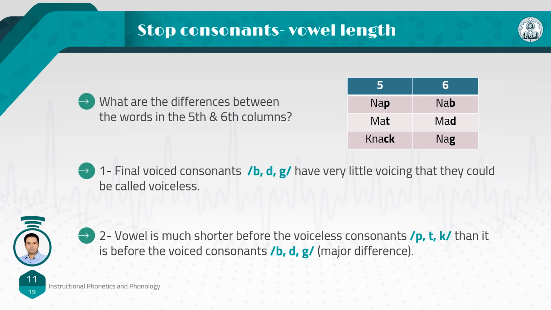I mean the a before p or a before b. Nap, nap. Mat, mat. Knack, knack. As you can see, the length of the vowel is shorter before the voiceless consonants p, t, and k. That is in the 5th column. This is the second difference between the two columns.